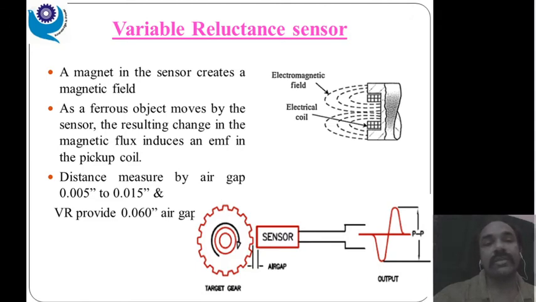So basically the output of the variable reluctance sensor is analog, so we need to convert that analog signal to digital for further processing.